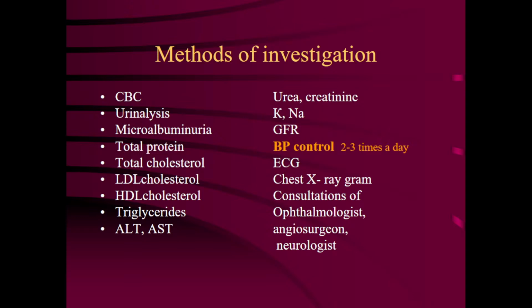And urea, creatinine, you should remember that creatinine is very important to characterize protein or nitrogen metabolism, and it's very important for calculation of glomerular filtration rate. Electrolytes, potassium, sodium, GFR, again, yes, glomerular filtration rate. Blood pressure should be controlled not less than thrice a day.